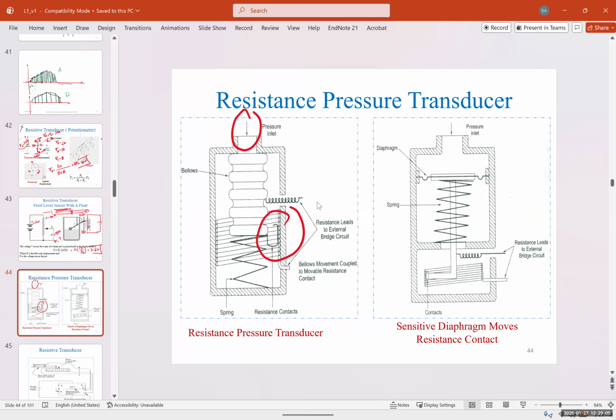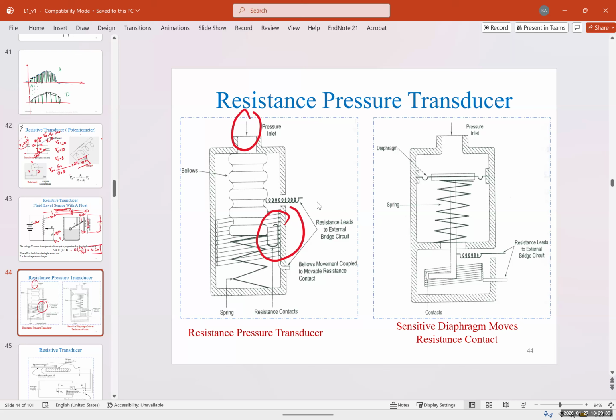You have a diaphragm, you have the pressure inlet, you have the spring again. Movement of the spring moves the contacts, and then the resistance between the leads would change. Usually we give this to a Wheatstone bridge. I'll explain what the Wheatstone bridge is. That's the reason it says connected to external bridge.